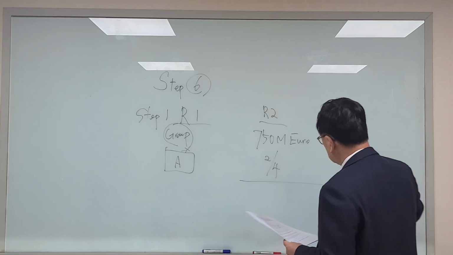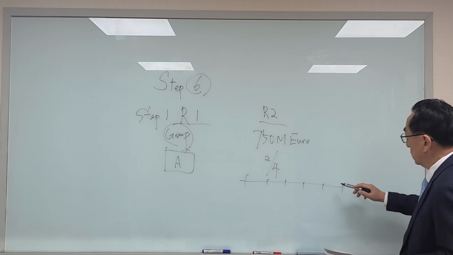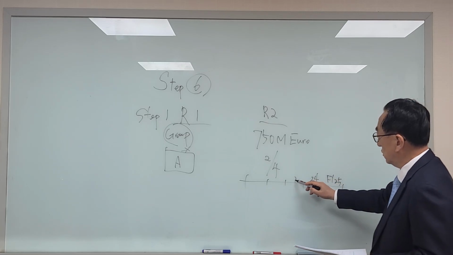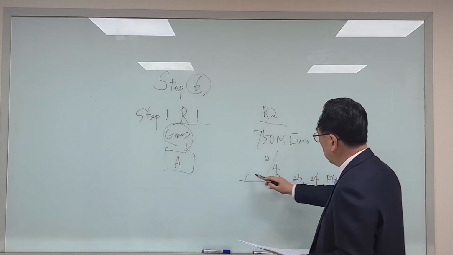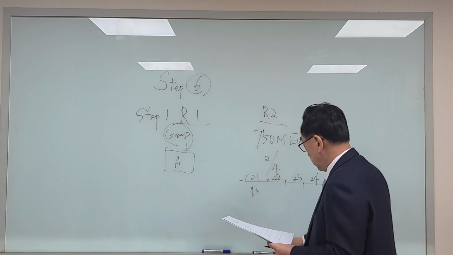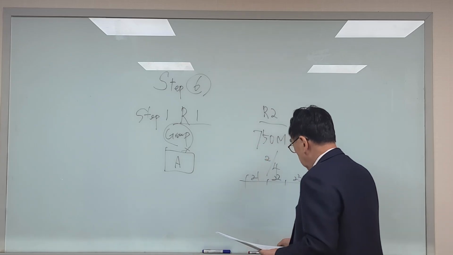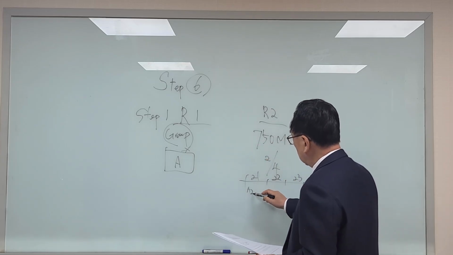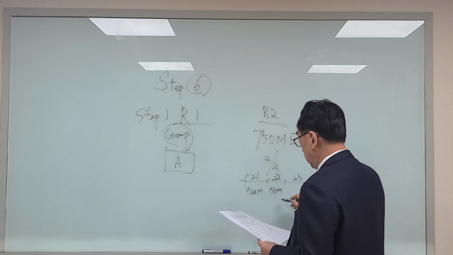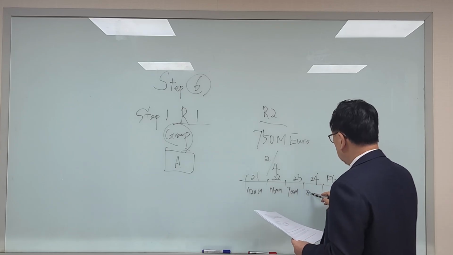So, for instance, this year is fiscal year 25, then 24, 23, 22 and 21. Suppose the revenues are 720 million, 720 million, 760 million, 700 million, and 800 million.